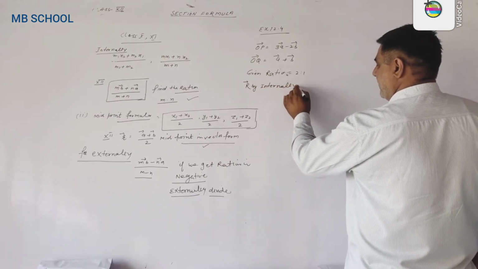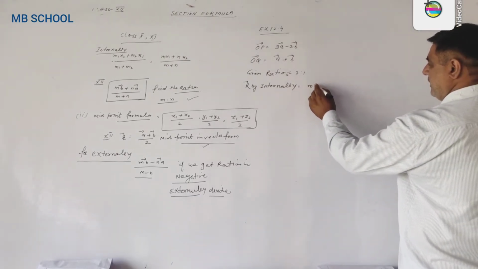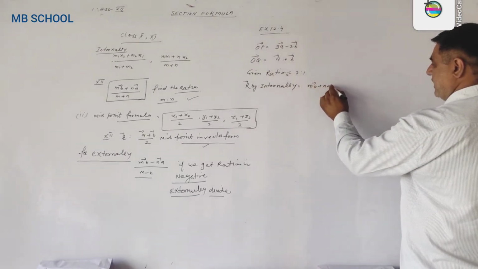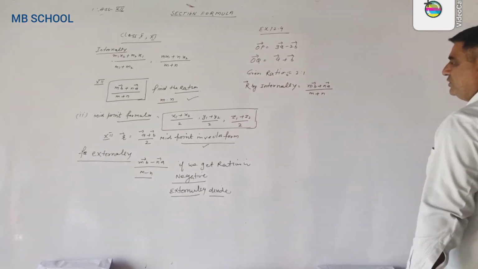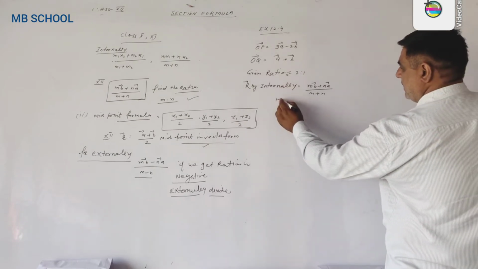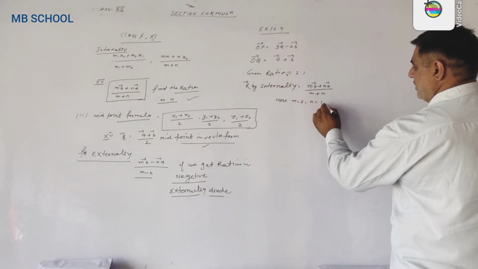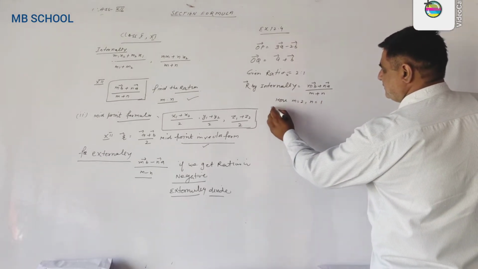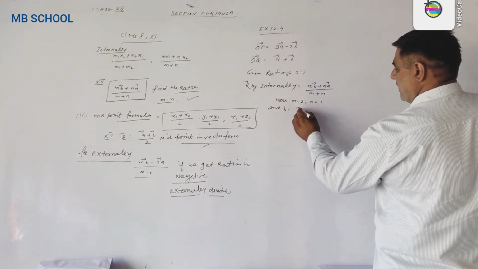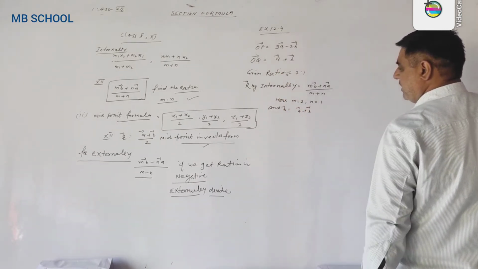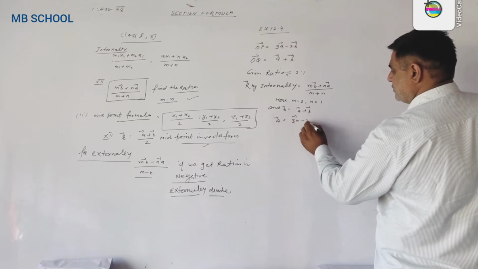For internally we have discussed this formula: m b vector plus n a vector by m plus n. So now here m is equal to 2, n is equal to 1, and b vector means OQ, it means a plus b vector, and a vector is 3a minus 2b.